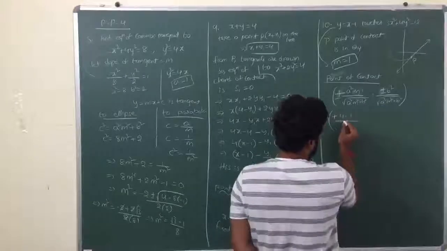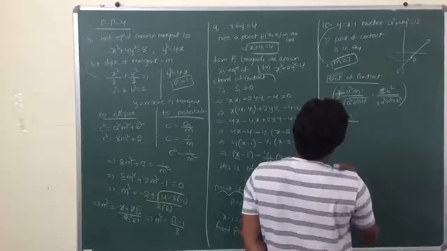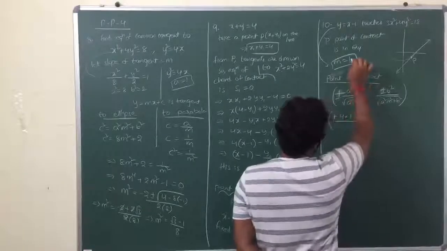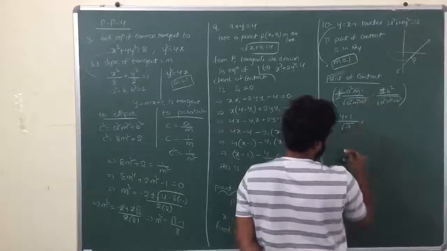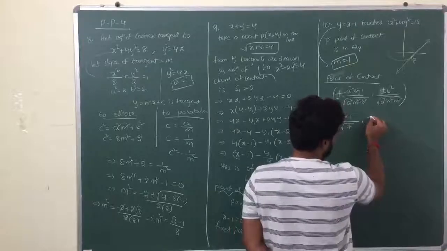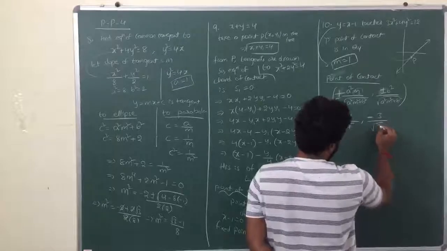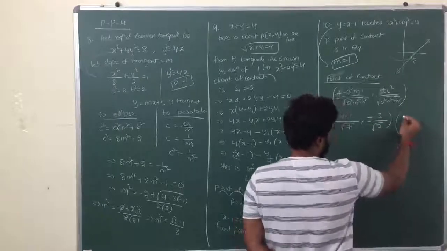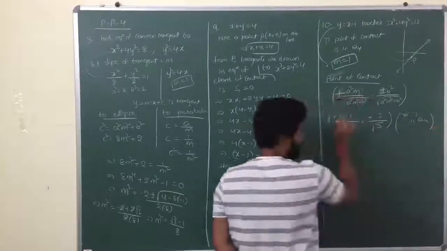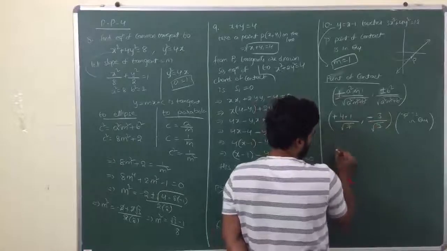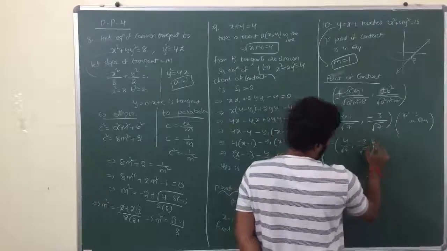So 4 into 1 is 4, plus b square is 3, so root 7, comma minus b square, what is b square? 3, by root 7, because P is in Q4, the x coordinate is positive and the y coordinate is negative. So 4 by root 7, comma minus 3 by root 7.